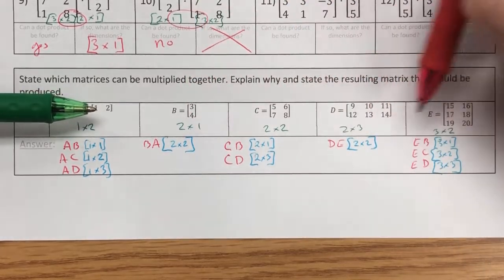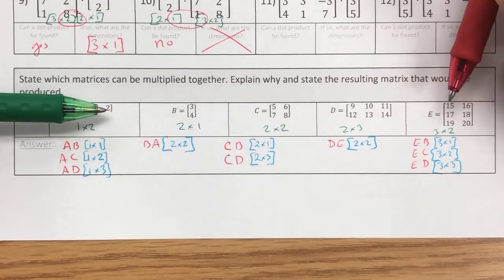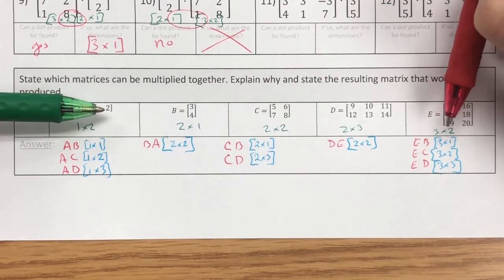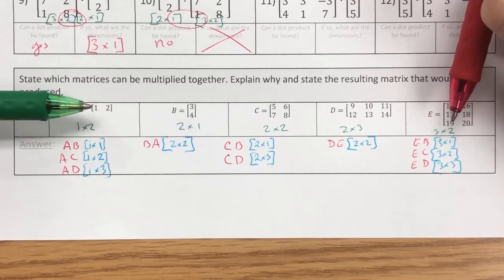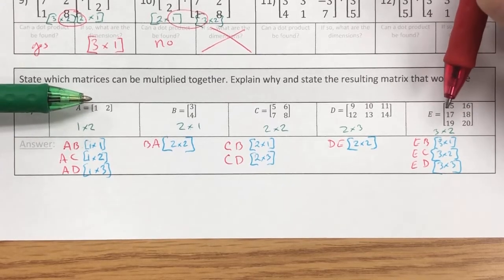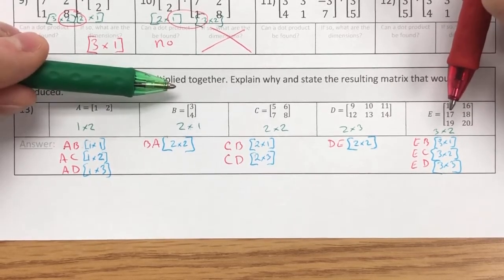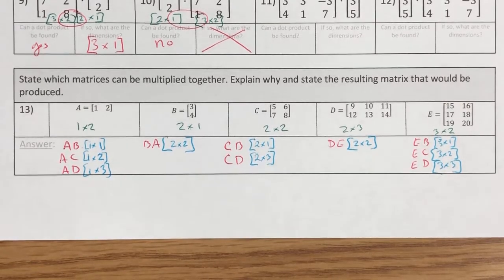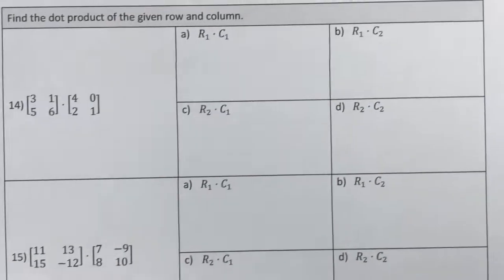If I had something like 1, 2 paired up with 1, 2, 3, I would have a mismatch. So the row must have the same number of elements as the column of the following matrix. That's the only way we can multiply the two together, because that's the only way we can find the dot product. And so that's a nice little intro, which will bring us to our next set of problems.